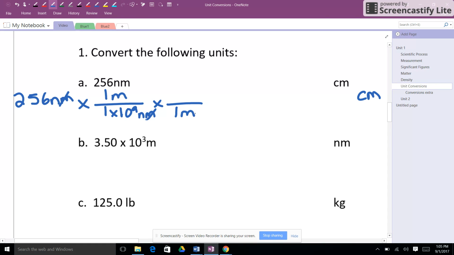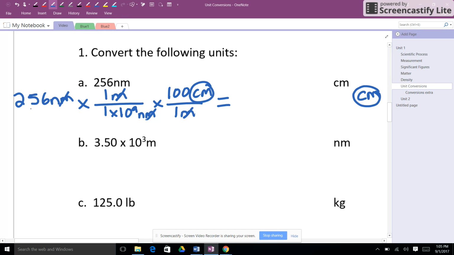Now I remember some more metric conversions, that 1 meter is equal to 100 centimeters. I put the meters unit on the bottom so it would cancel. I'm left with centimeters on top, which is what I was looking for. That's how I know I'm done with my setup. I can now get out my calculator, type in 256, multiply by 100, enter, and then divide it by 1 times 10 to the 9th.